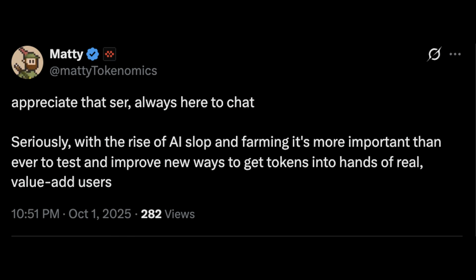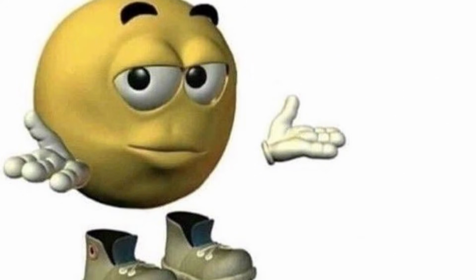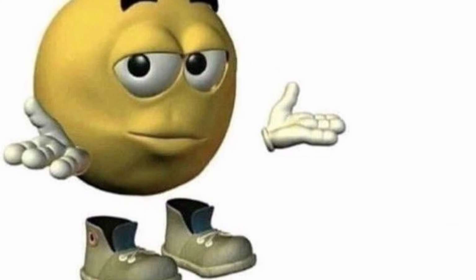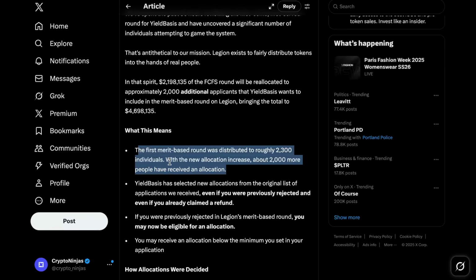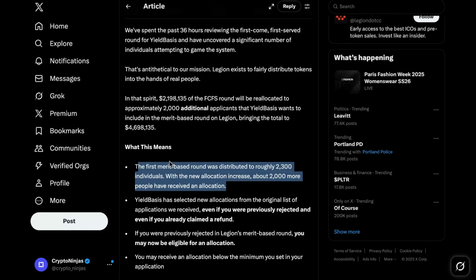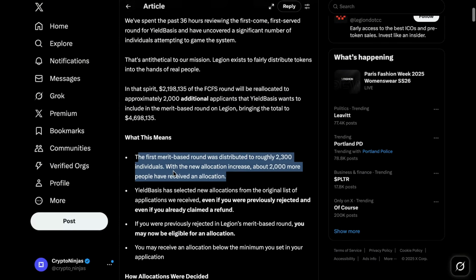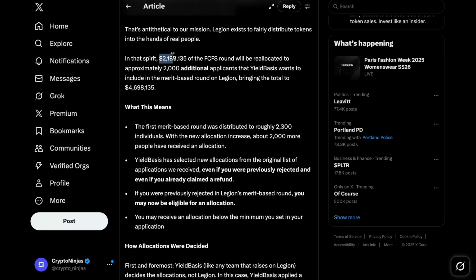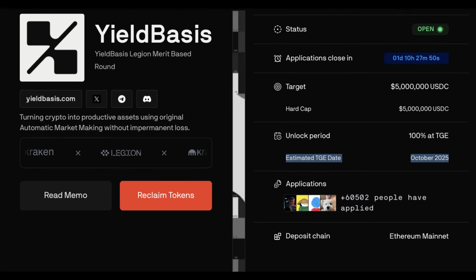Their reasoning was they only accepted value add users, but then they opened more slots to first come, first serve public, which are mostly bots, not really value add, to be honest. This begs the question, did they really prioritize real users? Anyway, the team has recently announced that they will open more slots to pre-sale users who have high merits with good on-chain status. When it comes to the TGE, we should expect early October, could be in the next couple days.